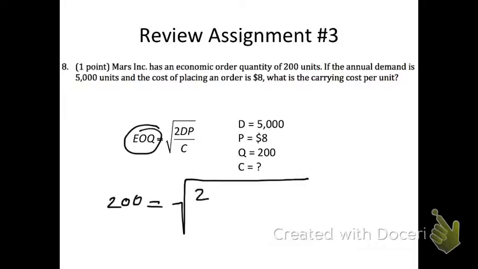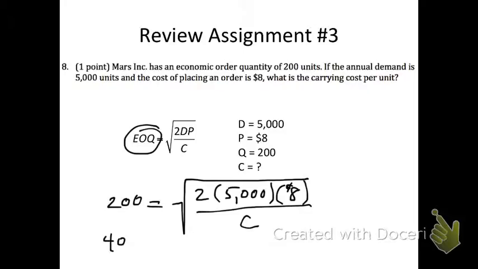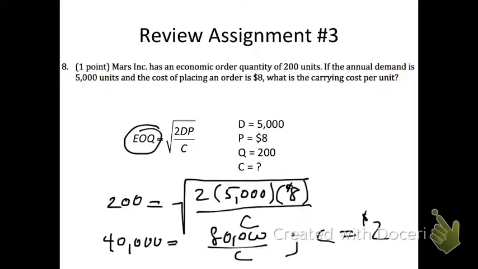You know that this is 2 times demand, which is 5,000, times your order cost, which is $8, divided by C. So if you solve that for C, squaring both sides gives you 40,000 is equal to 80,000 over C, then C is equal to $2.